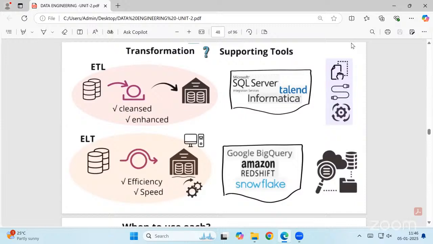Okay. These are the tools used for ETL: Microsoft SQL Server, Informatica. These are the standard approaches. Now, when coming to the big data approach, we go with ELT. We use Google BigQuery, Amazon Redshift, and Snowflake, which are the data warehouse tools used with these ELT techniques.